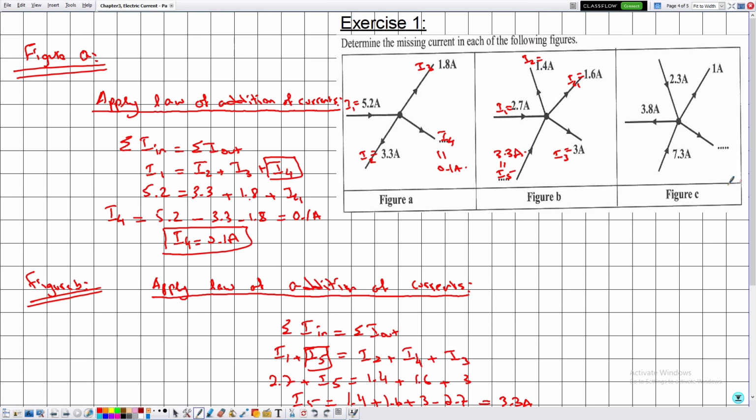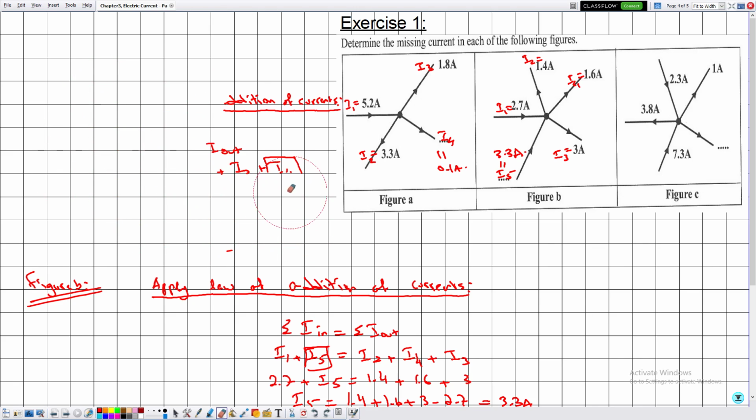Now finally for figure C, we also need to apply the law of addition of currents.